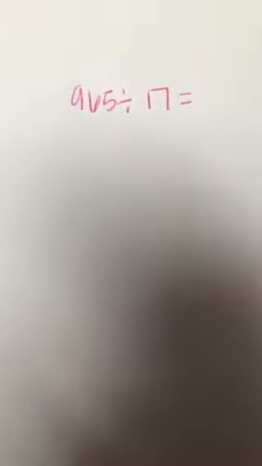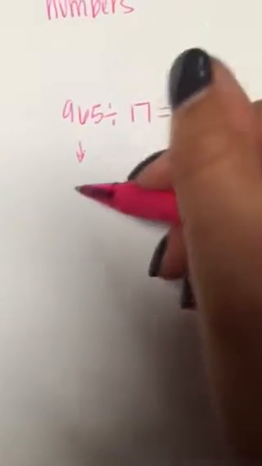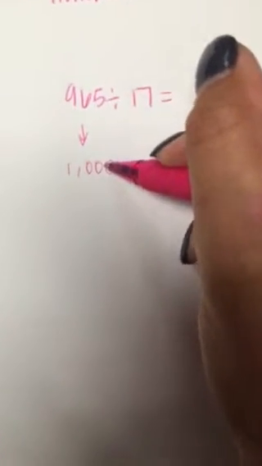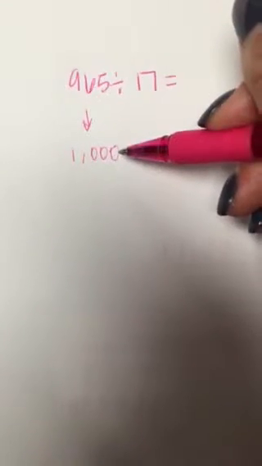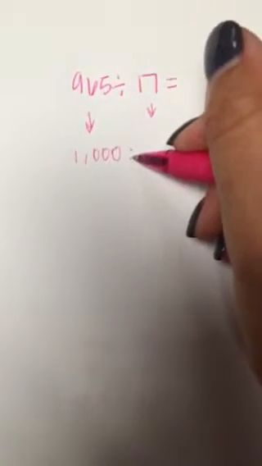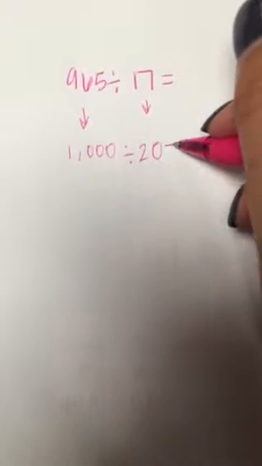One of the first things we want to do is come up with an estimate using compatible numbers. So if I look at the number 965, I know that that's fairly close to 1,000. If I'm looking for a compatible number with 1,000, and I'm coming from 17, I know that 20 is compatible because it goes into 1,000 evenly.